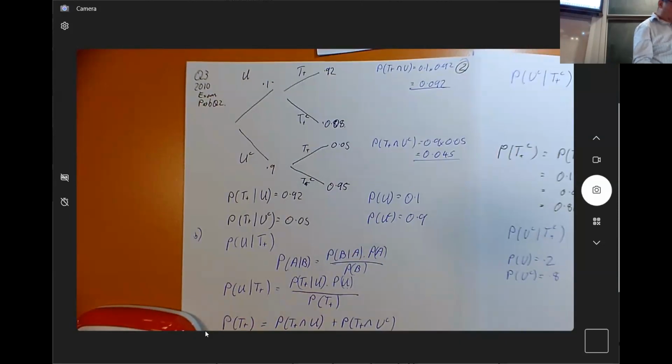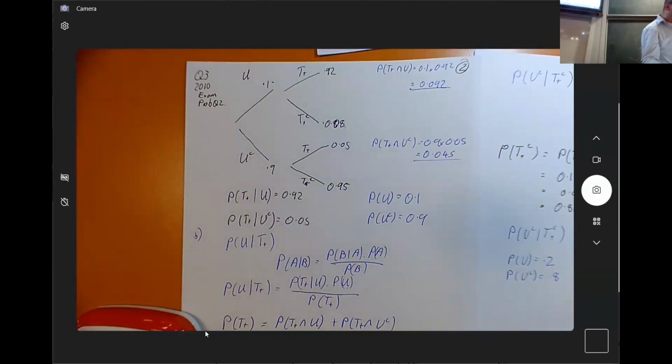To work out my probability of testing positive, we sum these two numbers up: 0.184 plus 0.04, which should be 0.224. Let's pretend I've got that right.